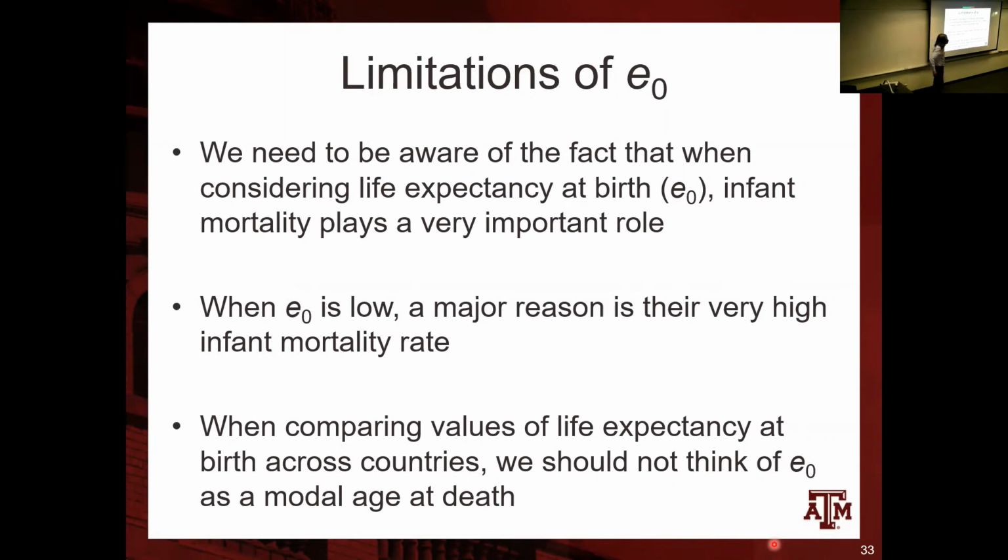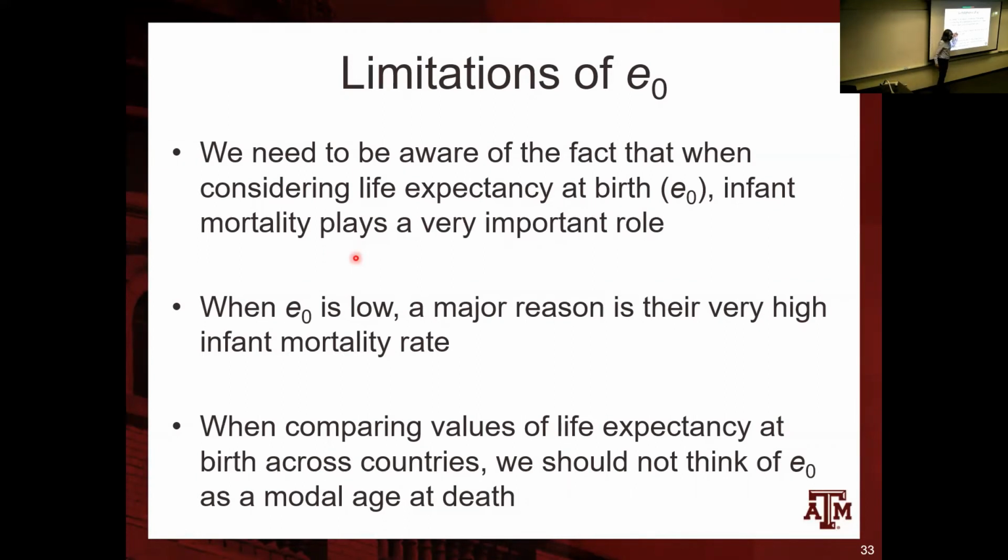Sometimes we have to be careful when we interpret the life expectancy at birth, and the symbol for the life expectancy at birth is the E0. We need to be aware of the fact that when we consider life expectancy at birth, infant mortality plays a very important role.